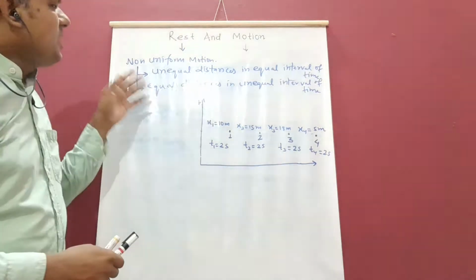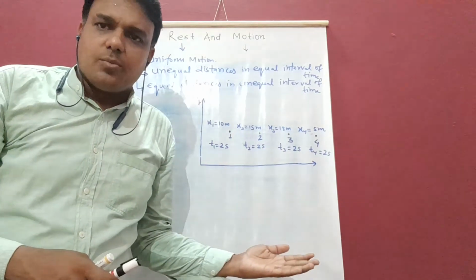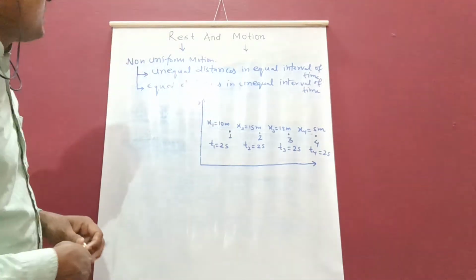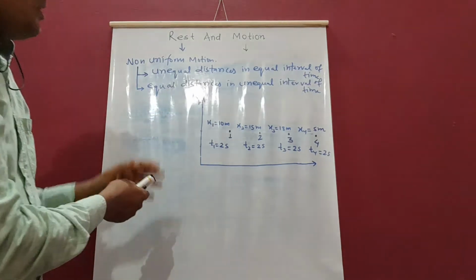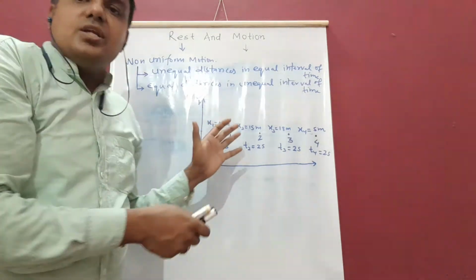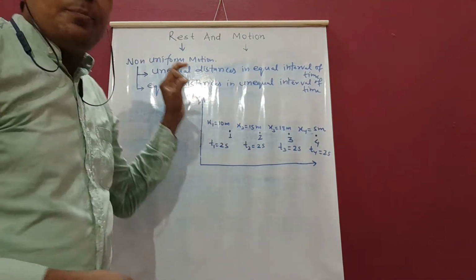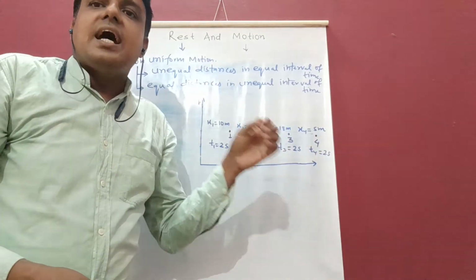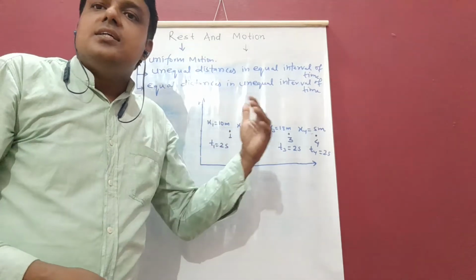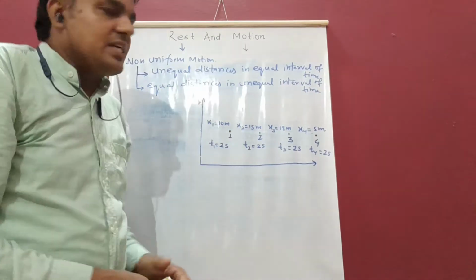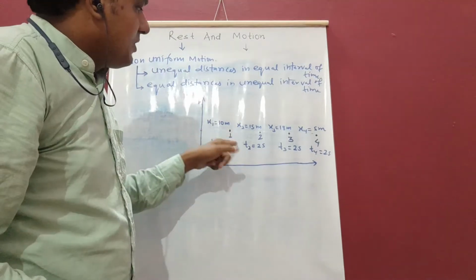And the third one is if any object covers unequal distances in unequal intervals of time, that is obviously considered as non-uniform motion. So here I am taking an example in which an object is in motion, and the motion of that object is represented by 4 points at different instants of time with different distances, or different positions. These points are represented as 1, 2, 3 and 4.